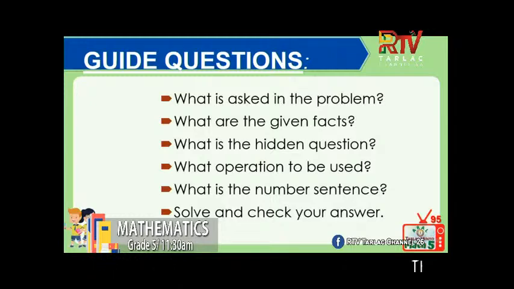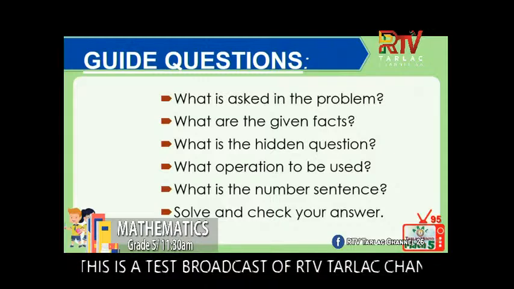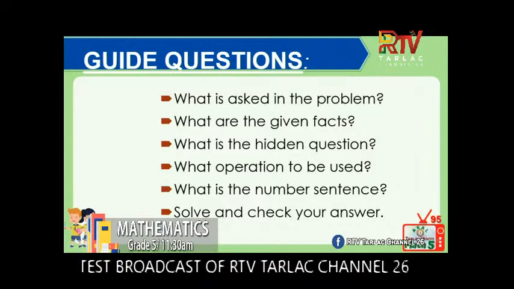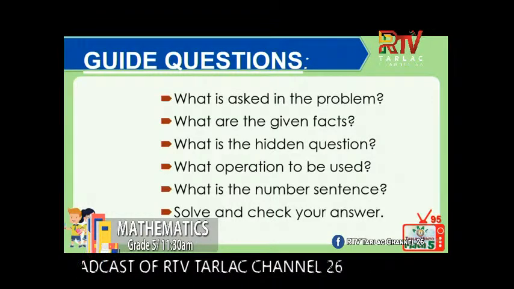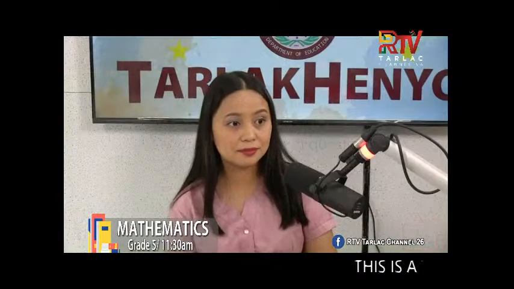Next, letter E, what is the number sentence? And finally, for letter F, solve and check your answer. Simply follow and answer these questions to arrive with a reasonable answer. Remember, don't forget to recheck your answers.